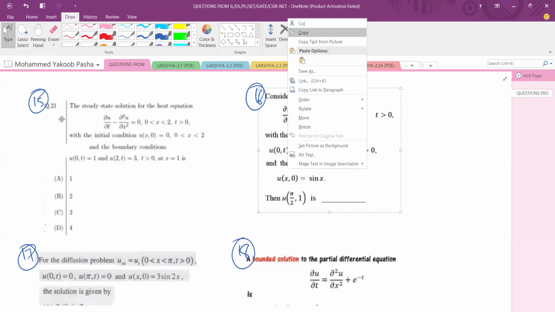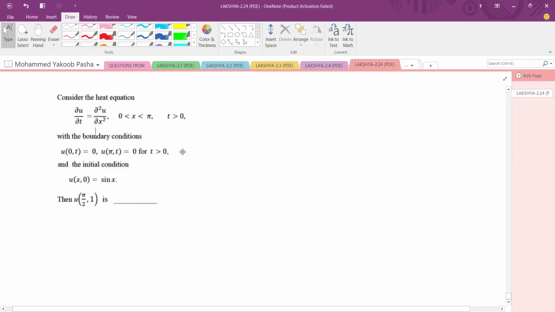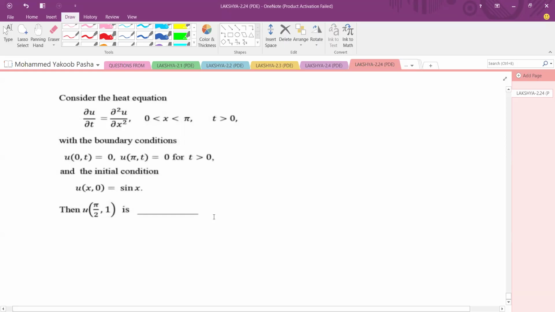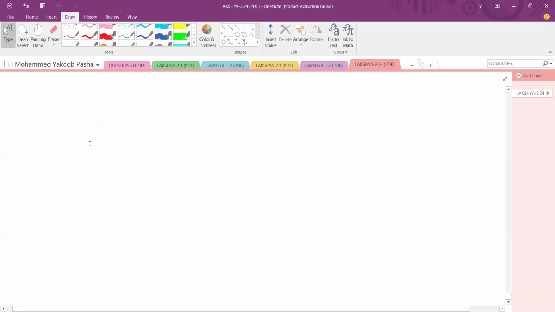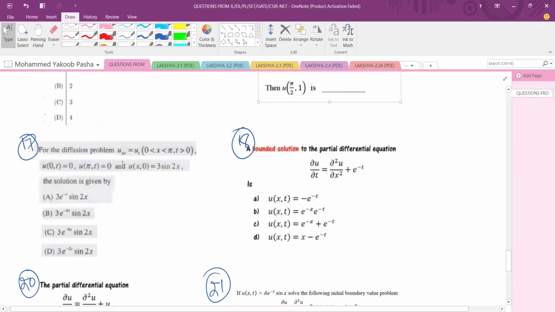Consider the heat equation: dou u by dou t is equal to dou square u by dou x square, 0 less than x less than 1 by root pi. Sir, I already told you, this is covered. Okay, no problem, we can remove this problem. I'm taking the next problem.